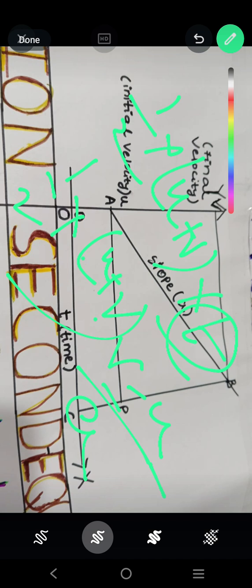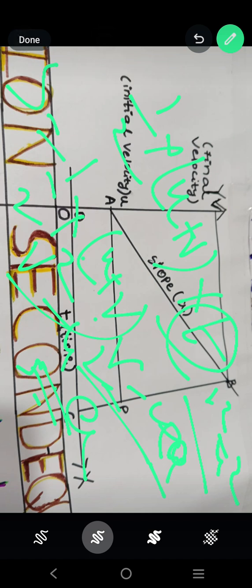In my next video, I will show you the identities. So u plus v into v minus u means v square minus u square. We are putting s, so s is equal to v square minus u square by 2a. So if you multiply here, v square minus u square is equal to 2as.